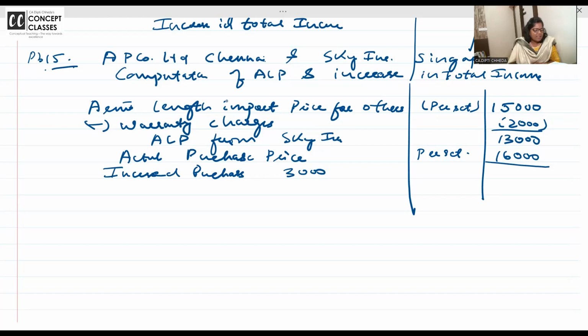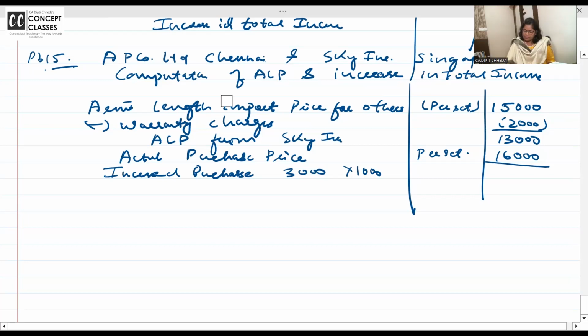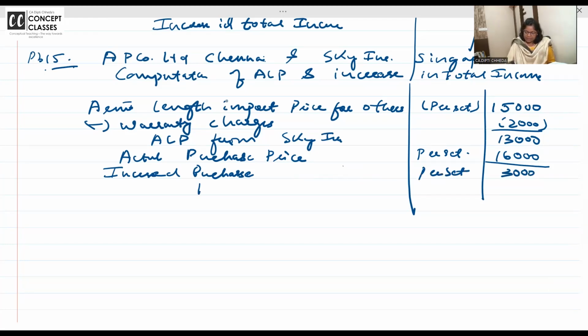And how many sets are there? 1,000. यहाँ लिख दो पहले. Increased purchases 3,000 per set.